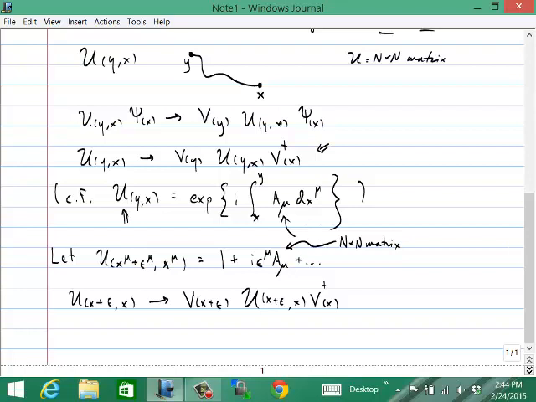So just inserting our expansion of U at linear order in ε, this goes to V of x plus ε, times 1 plus i ε^μ A_μ plus dot dot dot, times V dagger at x.